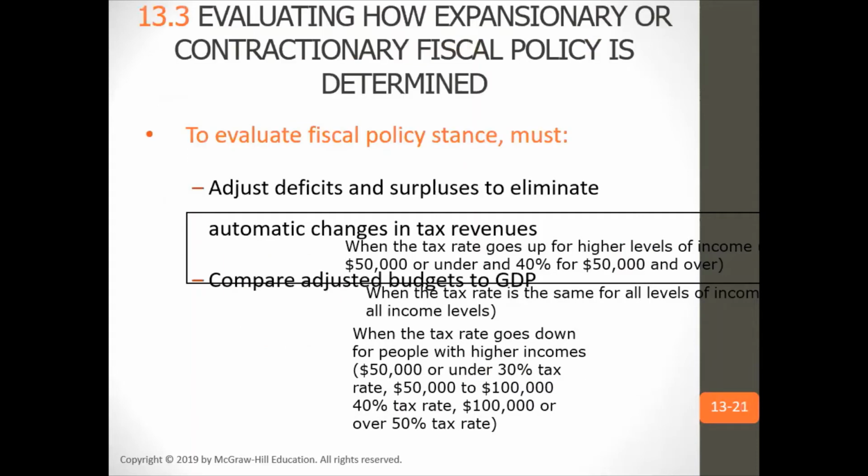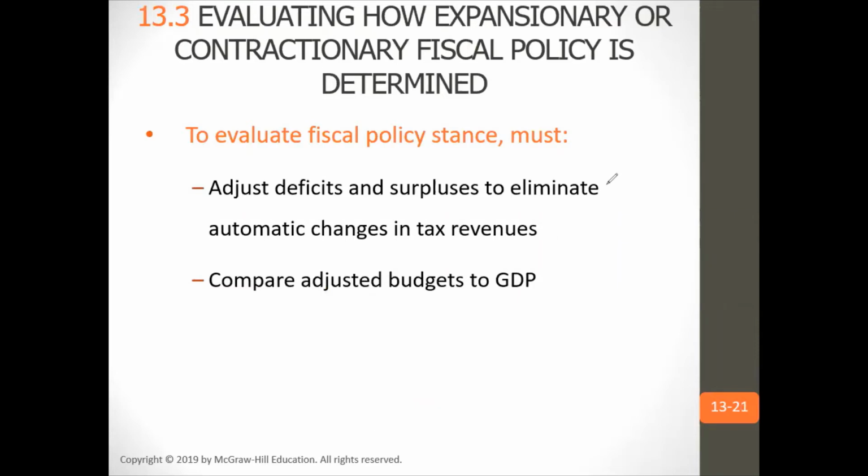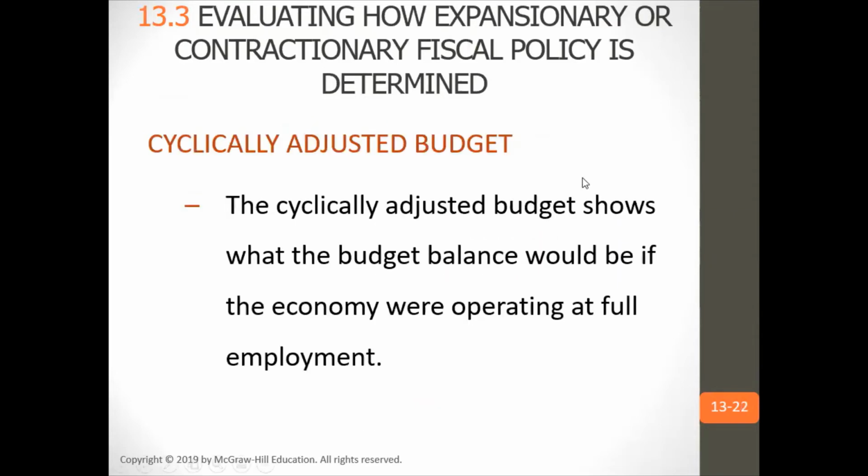The cyclically adjusted budget shows what the budget balance would be if the economy was operating at full employment. So if the economy was operating at the peak of the business cycle, the cyclical unemployment is 0 in this situation.